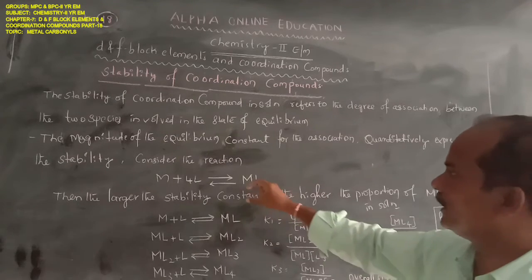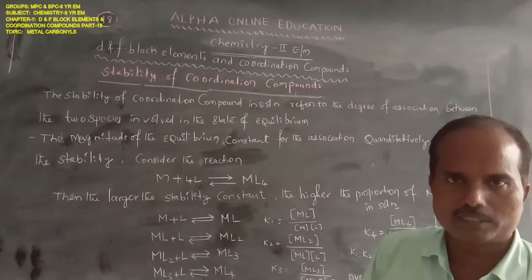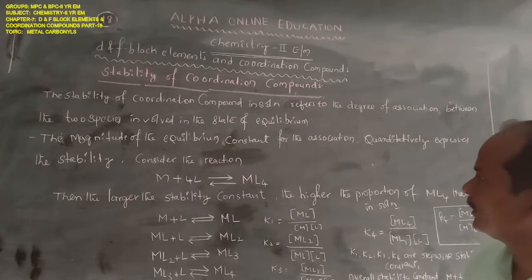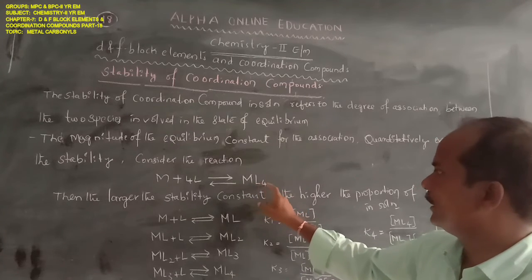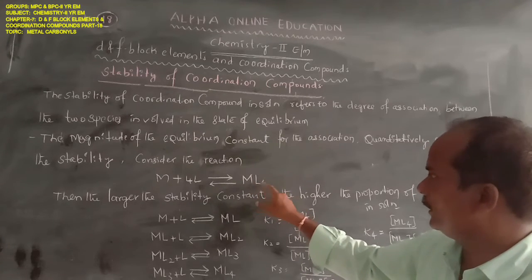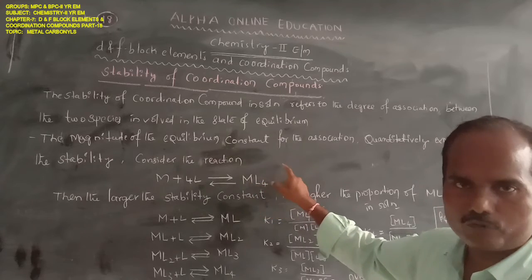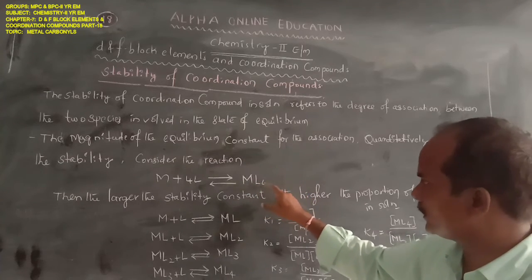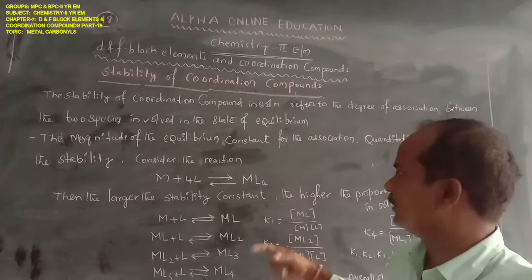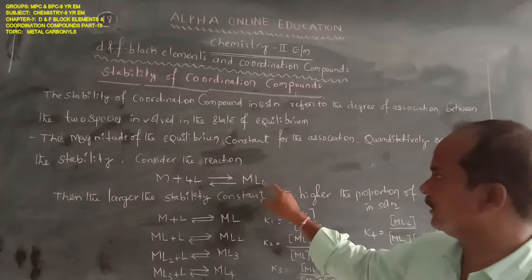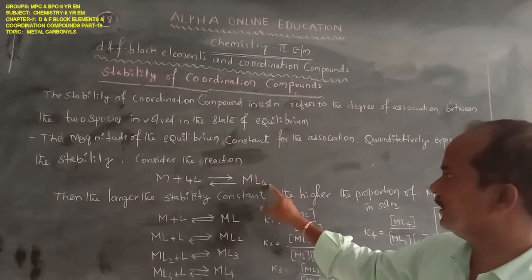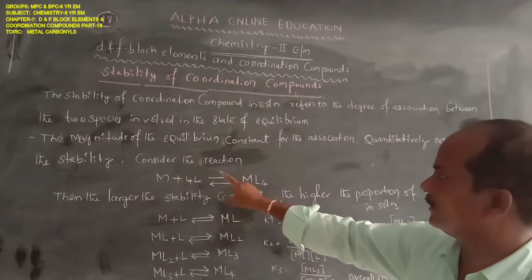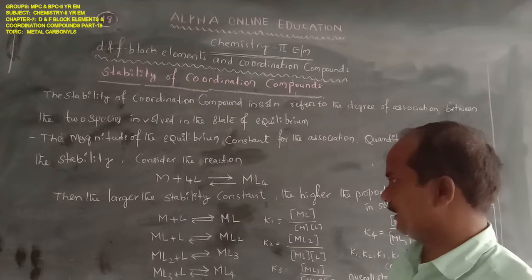If the stability constant is more, then the concentration of ML4, the 4 coordinated complex, in solution is more. So the formation of ML4 depends upon the stability constant.